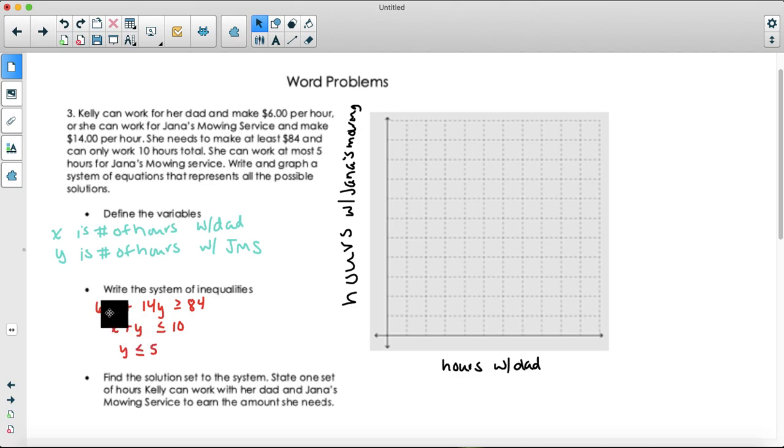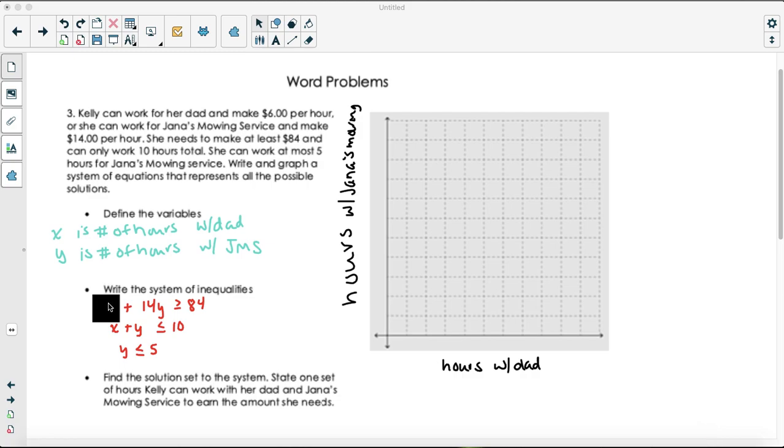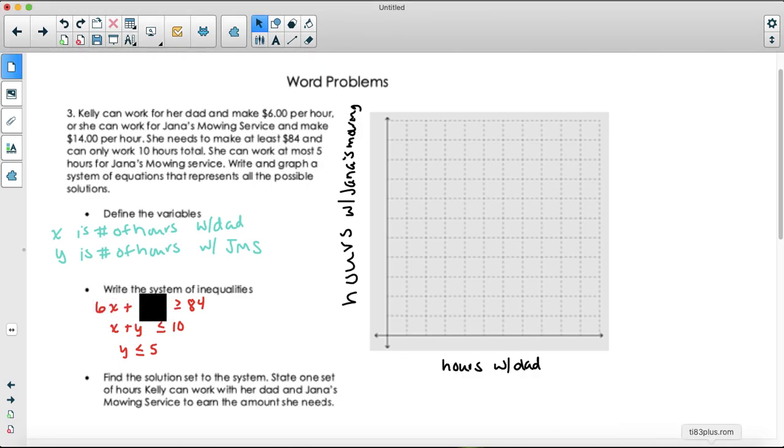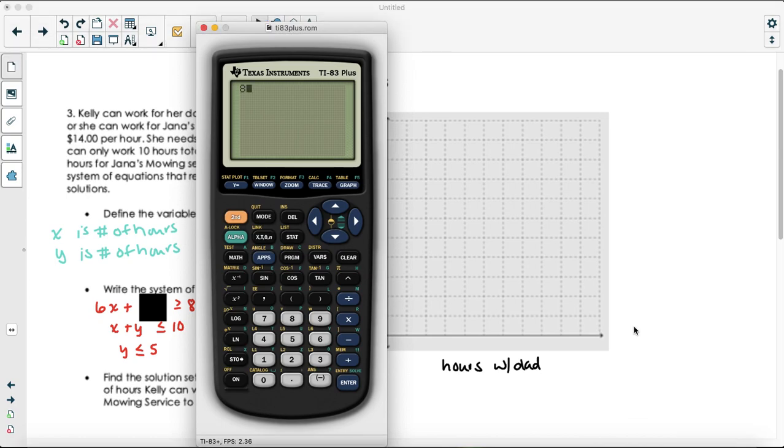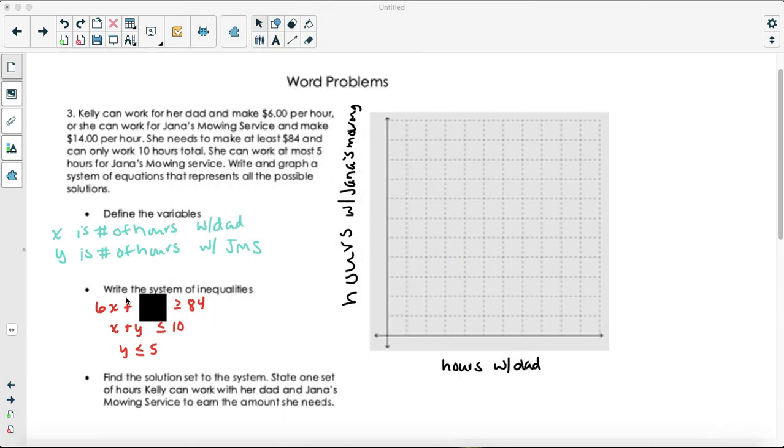If I do the same thing for the other inequality, 84 divided by 14 would go to 6. So my y's would have to go up to 6. So far my y's have to go up to a total of 10. Then what about the x's? For the x's, 84 divided by 6 gives us 14. So the x's have to go to a total of 14.